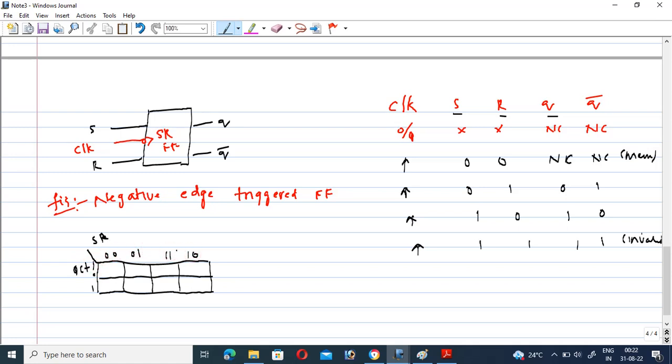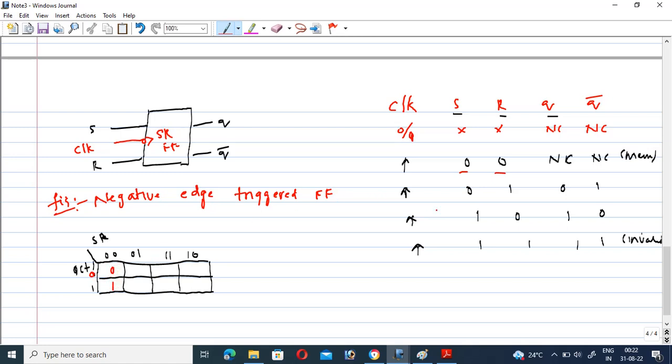Let us see what the output is when the input is 0 0. When the input is 0 0, Q is no change. That means if Q of t is 0, it stays 0, and if it is 1, it stays 1.